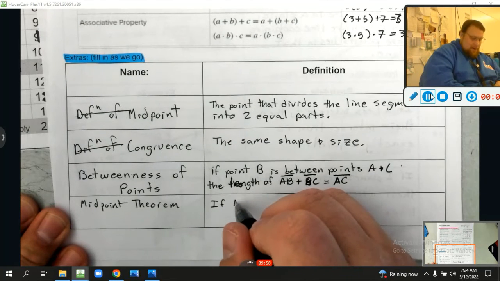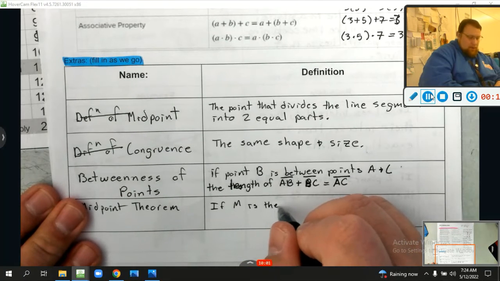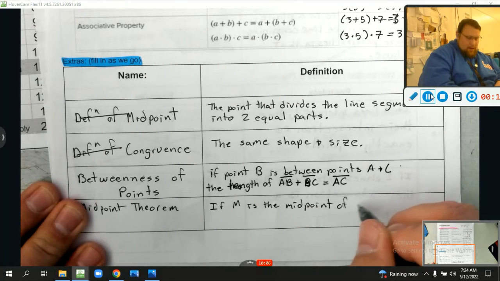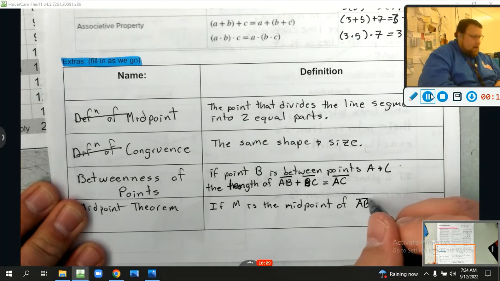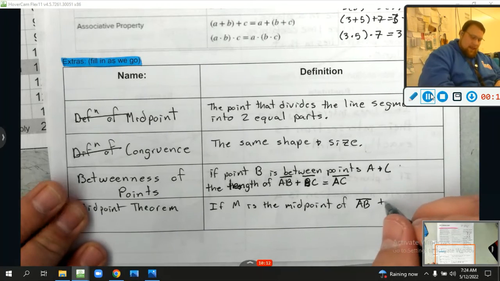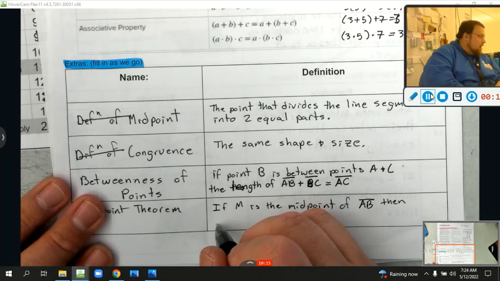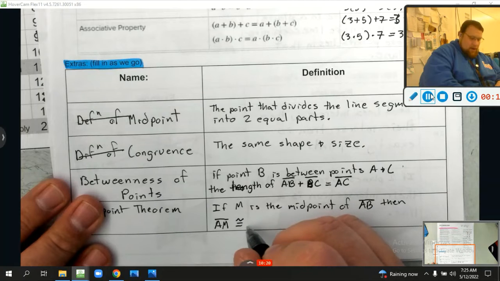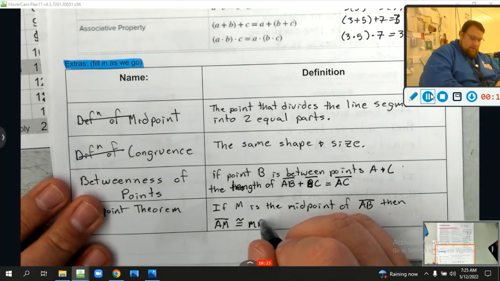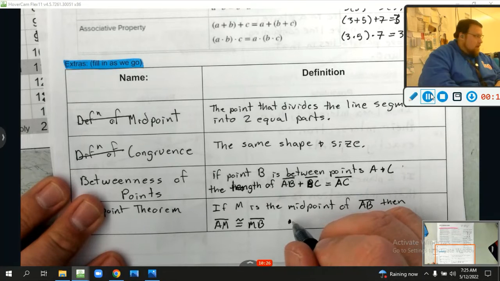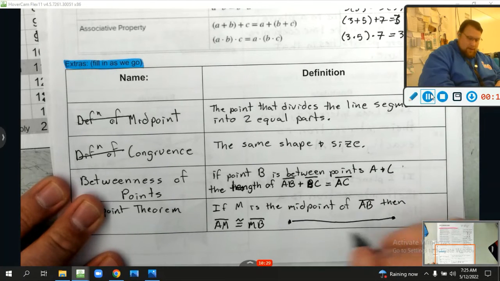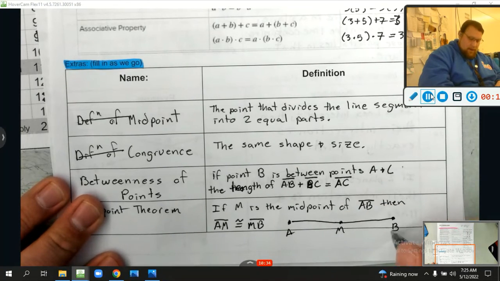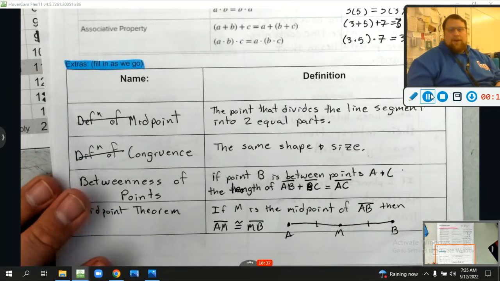It says, if M is the midpoint of segment AB, then we can say that segment AM is congruent to segment MB. And to draw that, it would look like this. And we're saying these segments are congruent.